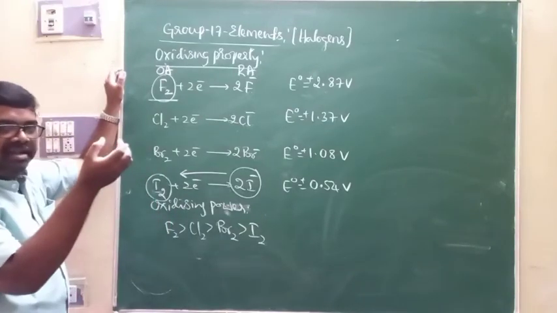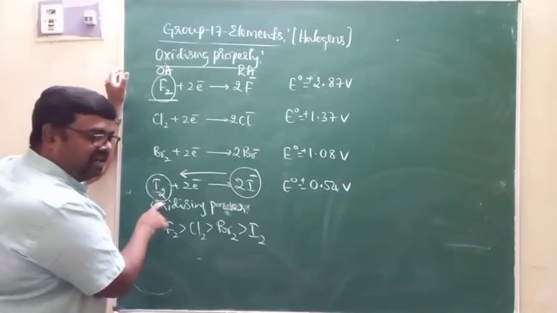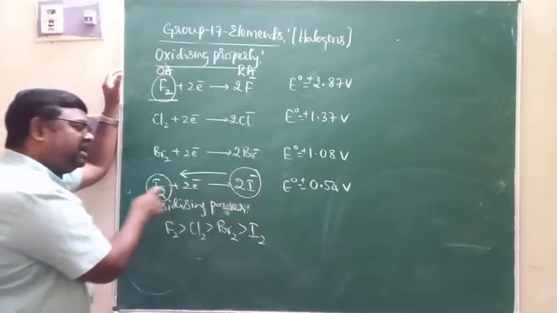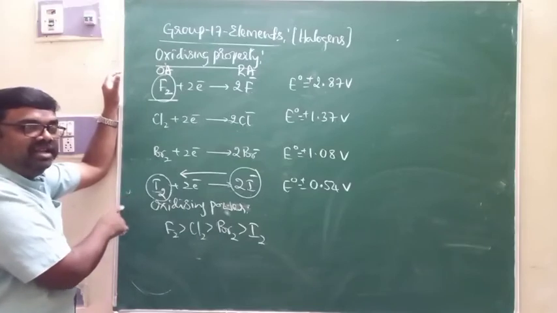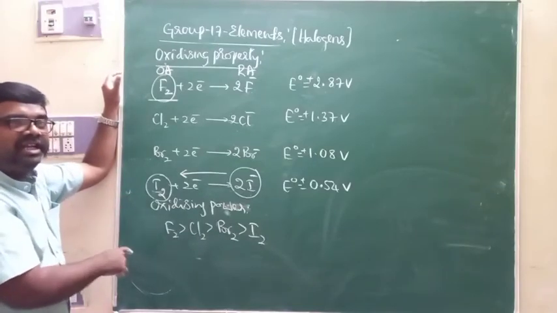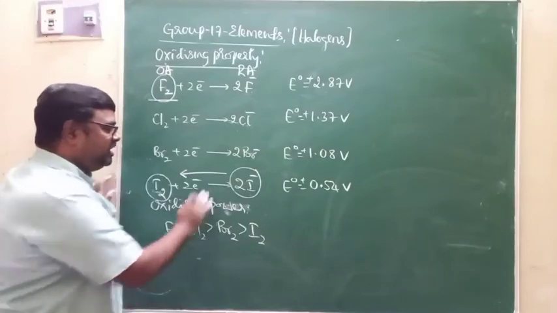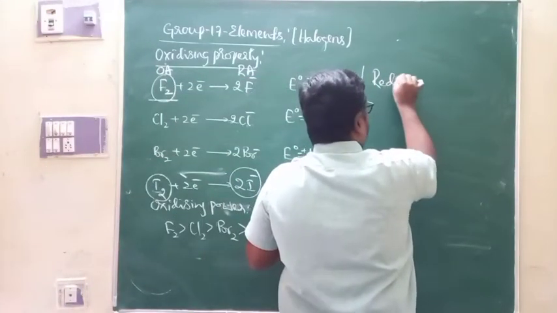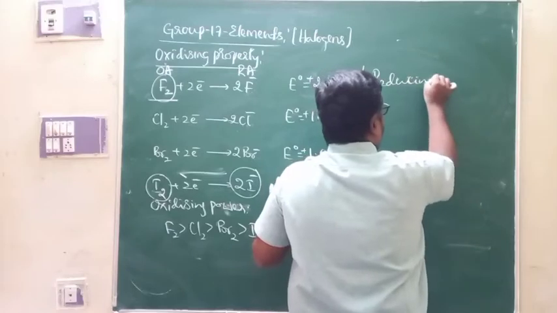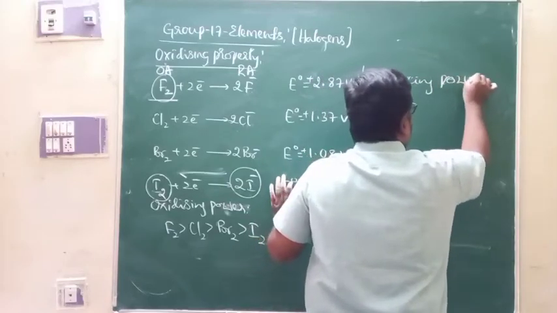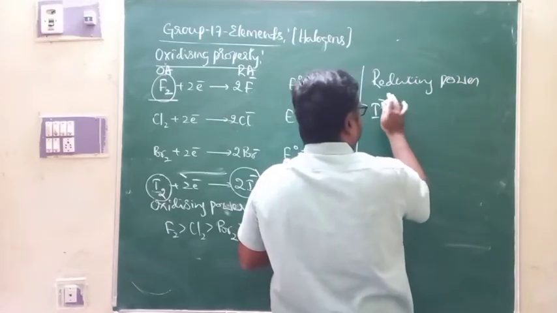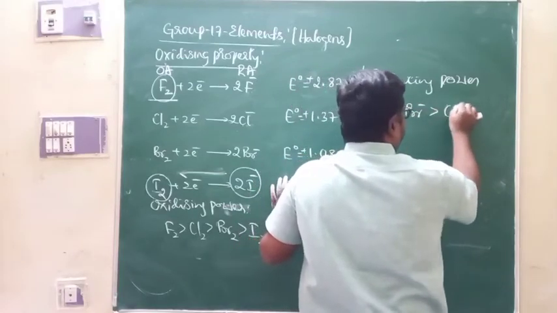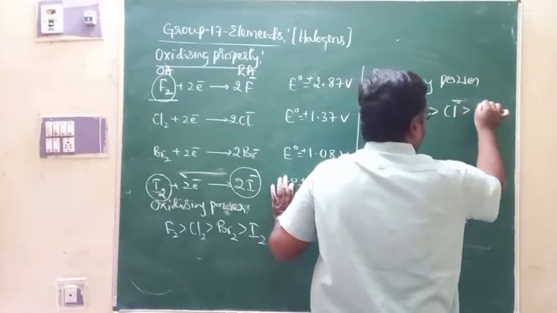Anything that undergoes oxidation easily is a reducing agent. Therefore, the reducing power of the ions: I minus is a strong reducing agent compared to Br minus, and of course stronger than Cl minus, which is stronger than F minus.